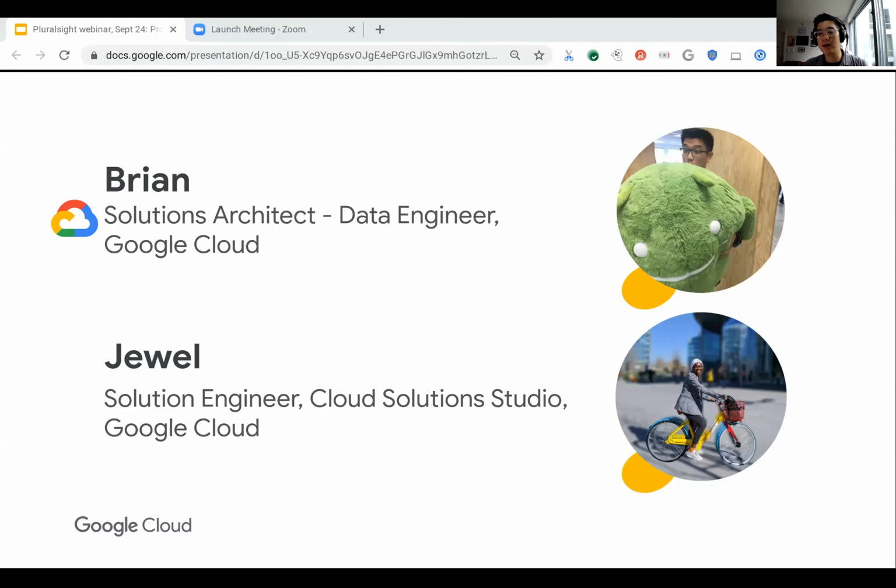Likewise, a lot of the reference guides on that solutions page originated from real customer use cases that the engineering team has partnered with our customers to solve on Google Cloud as well. So if you're looking at a wide variety of what customers are trying to do and how they're being solved, that's a really good place to look.